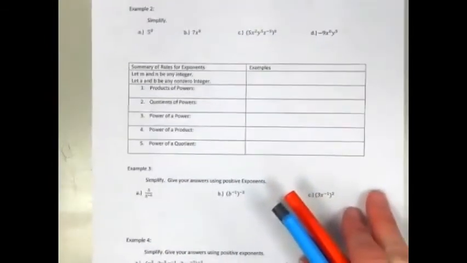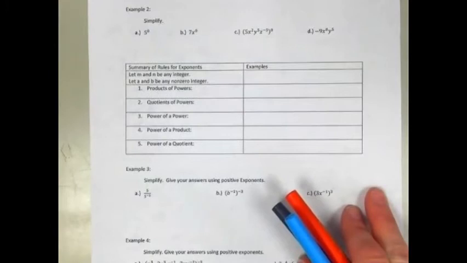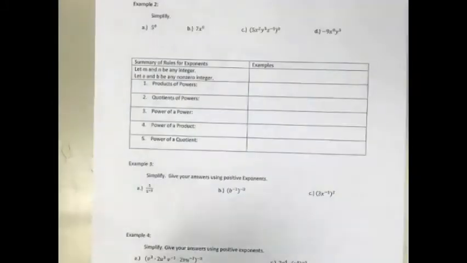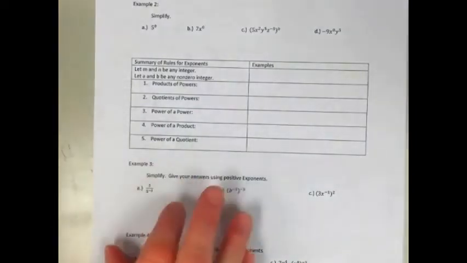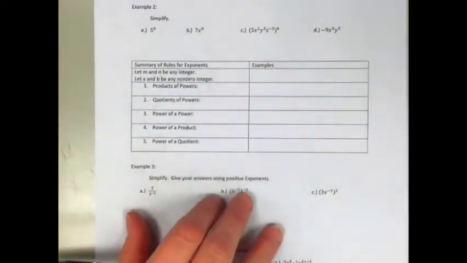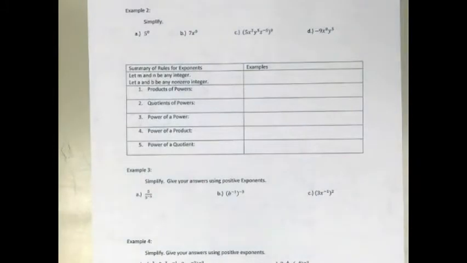Okay. All right. So let's look at this. A to the 0th power is 1, and 0 to the 0th has no meaning. What's 5 to the 0th? 1.